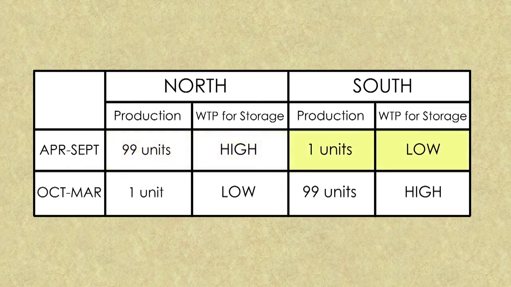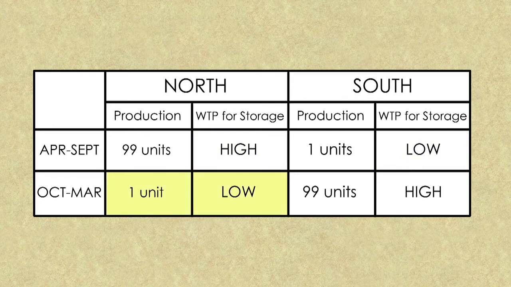In contrast, at exactly the same time, the South has almost no food, and they know in 6 months' time they will produce a lot of food. Therefore, they have no desire to pay to store food at that time. Thus, what makes trade possible in the April to September period is that the North is willing to pay a lot to store food, and the South is not willing to pay much, if anything at all, for storage opportunity.